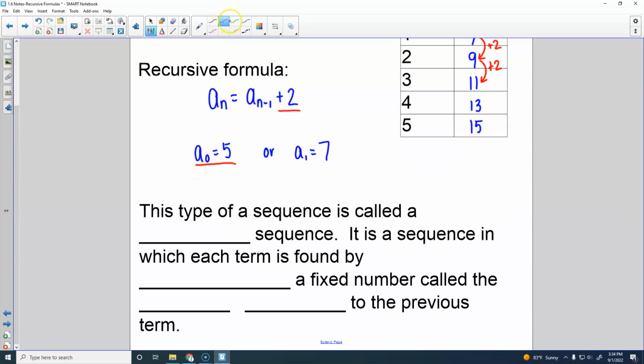So this type of sequence where we're adding something each time is called an arithmetic sequence.